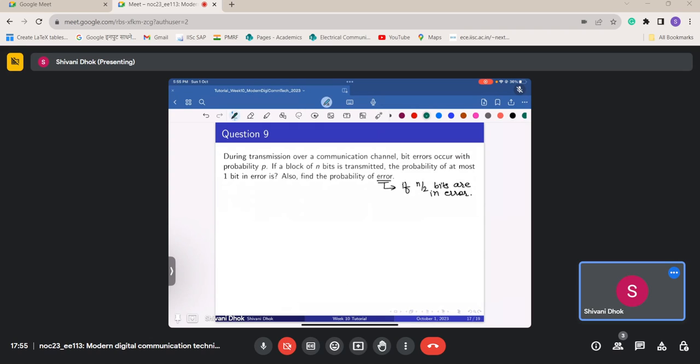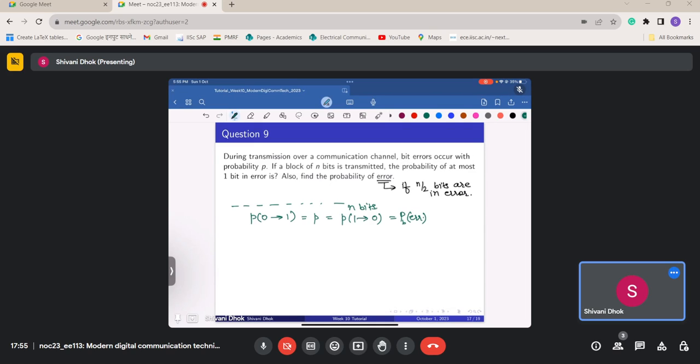So what we are having here is n bits being transmitted, and the probability that 0 gets converted to 1 is p, which is also equal to the probability that 1 gets converted to 0, which is basically the probability of error for a bit, let's say pb.